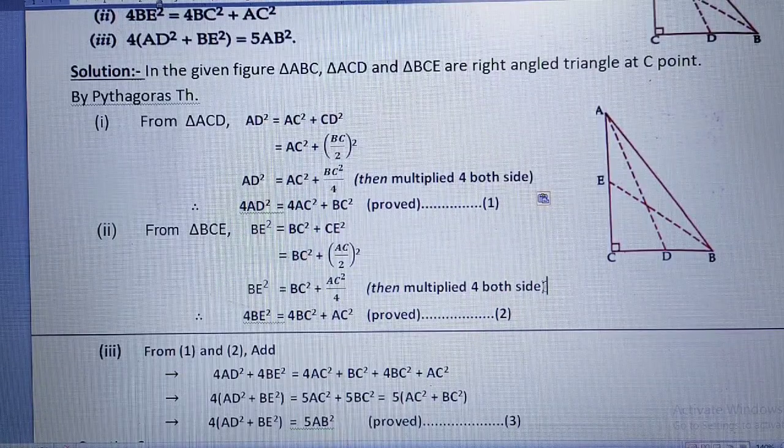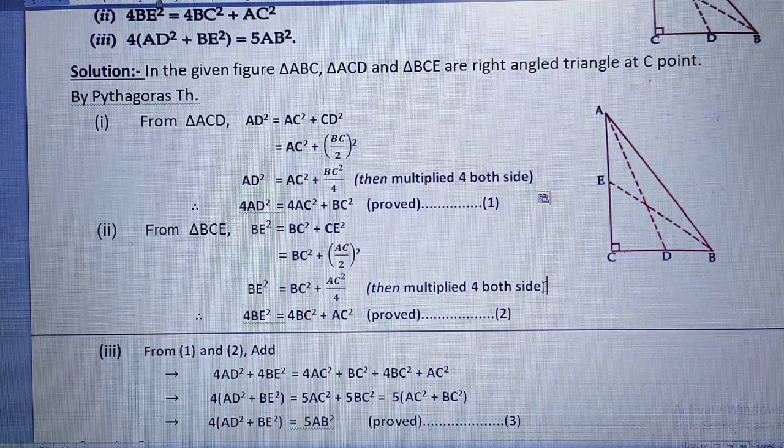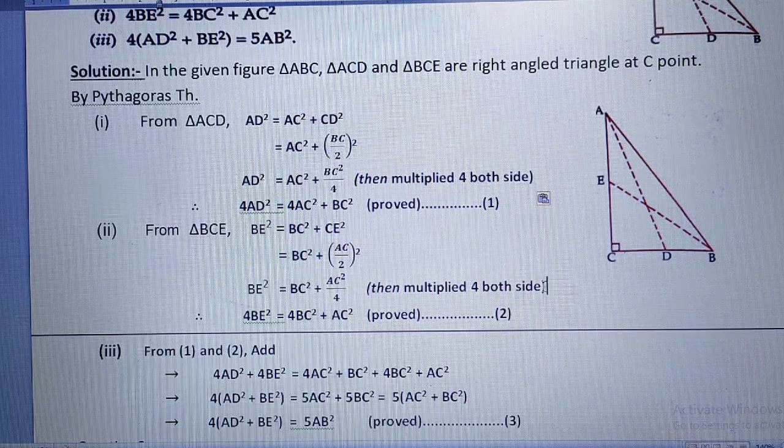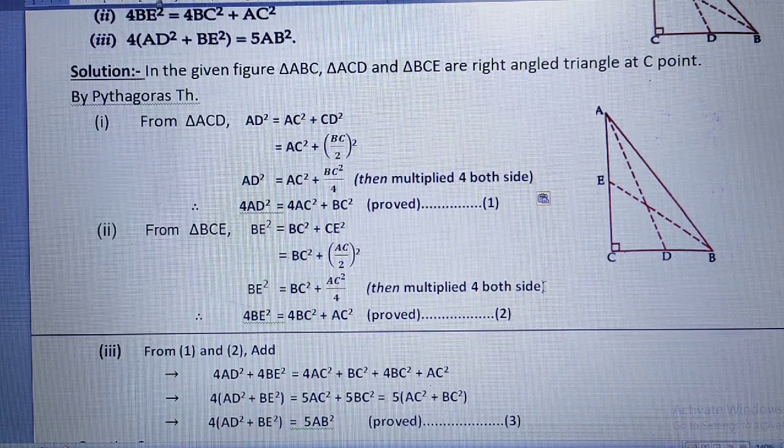Third part, you have to prove 4 bracket AD square plus BE square bracket close is equal to 5AB square. Now for this part, from the first part and second part, you add both sides, left hand side and right hand side. On addition, the left side is 4AD square plus 4BE square, which is equal to 4AC square plus BC square plus 4BC square plus AC square.